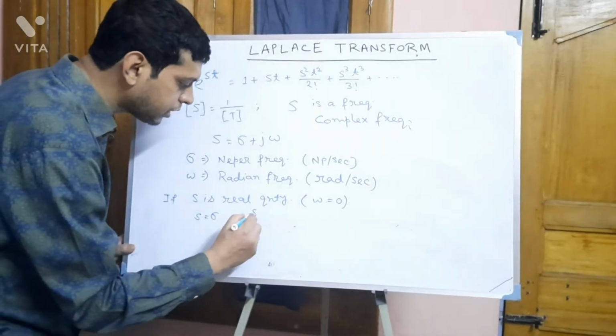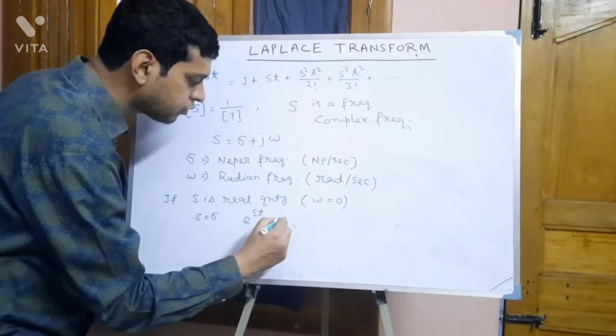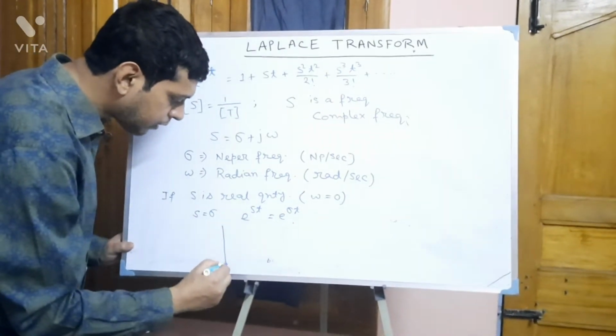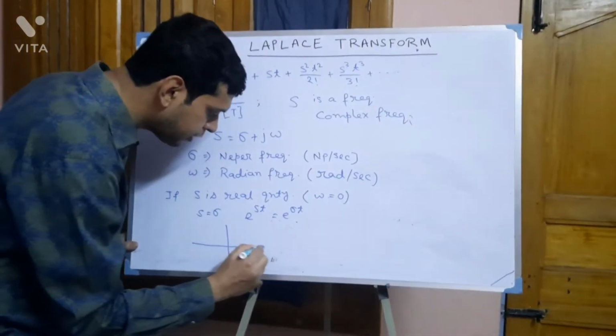So e to the power st is equal to e to the power sigma t. The graph of e to the power sigma t will look like this.